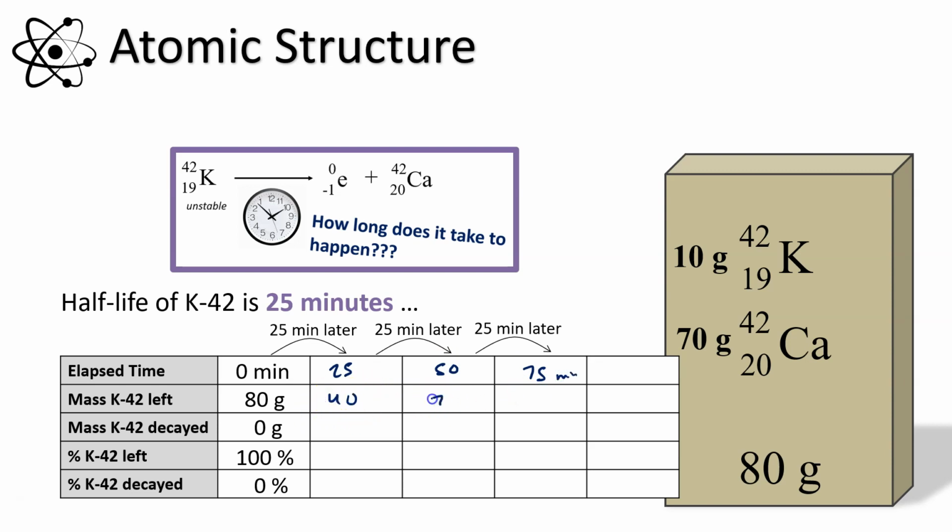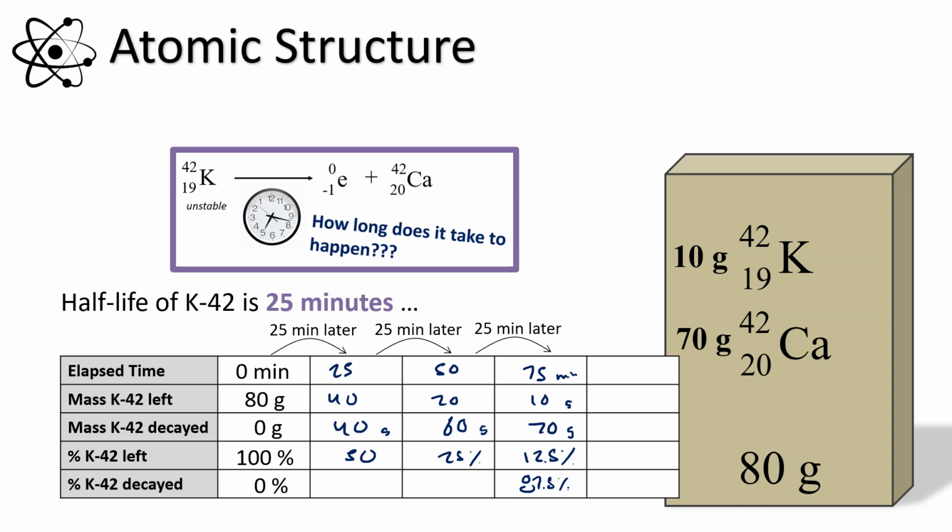My mass is splitting from 40 to 20 to 10. That means 40 grams first of potassium had decayed into calcium. Then it was 60 grams decayed into calcium. Now it's 70 grams has decayed into calcium. In terms of percentages, first I lost 50%, now 25%, and finally 12.5% of that original potassium 42 is left. That means the other, larger majority here, what would that be?